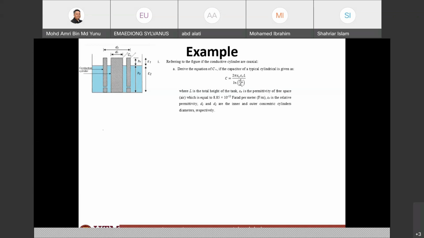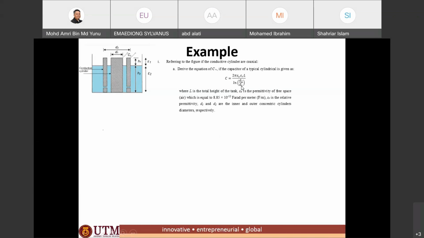So let's determine the equation based on this.